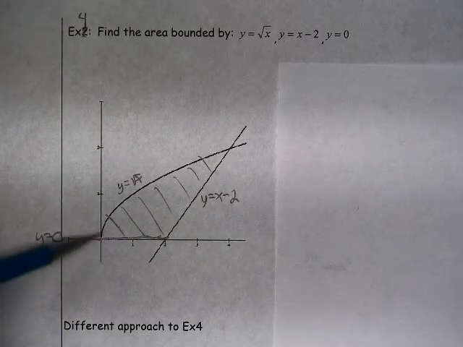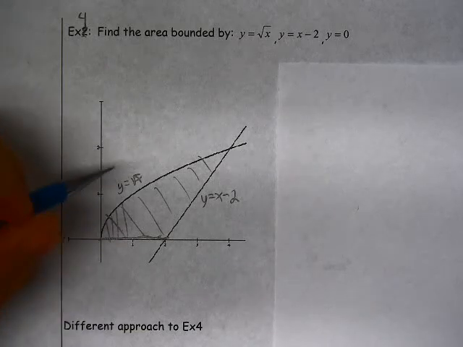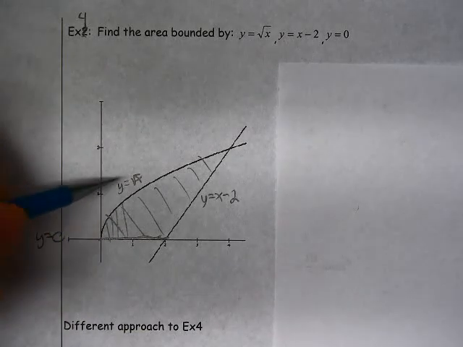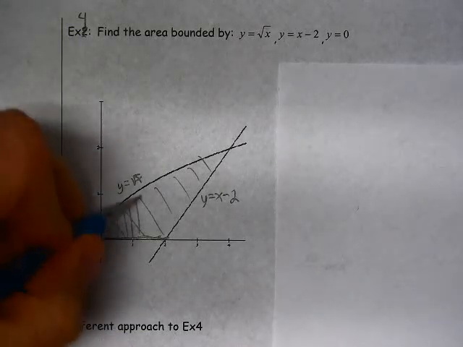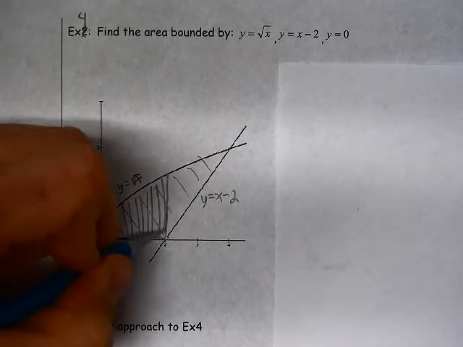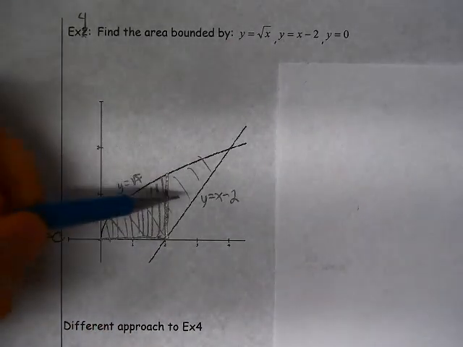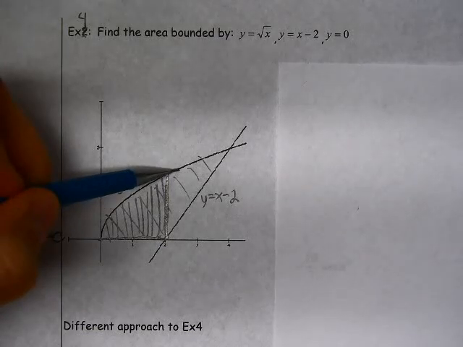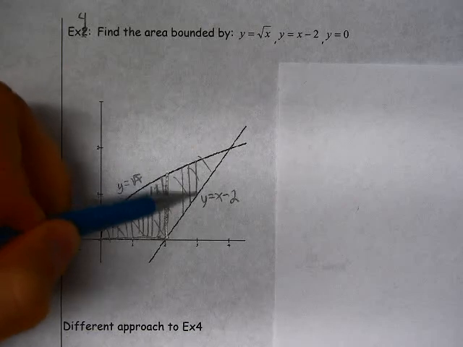Right? As we move from the left to the right, in this first section, our top function is the square root of x, and our bottom function is y equals 0. Till we get to here. At this point, our top function is y equals the square root of x, and our bottom function is y equals x minus 2.